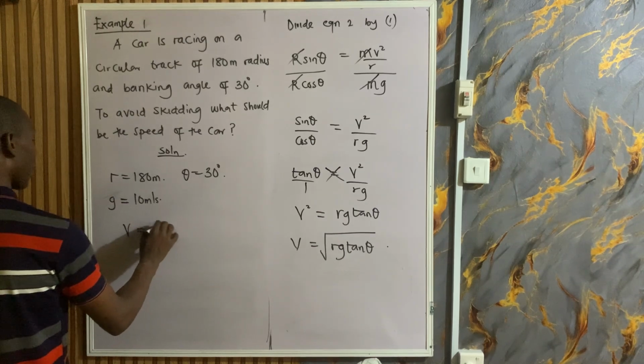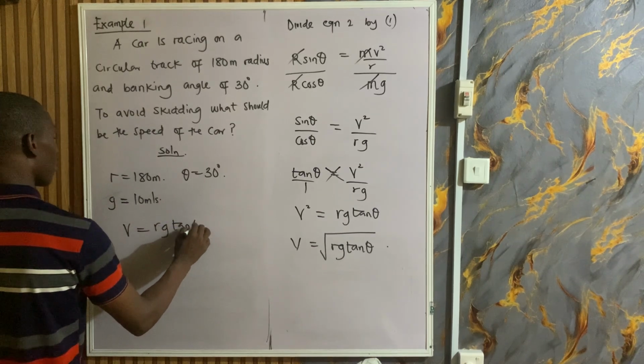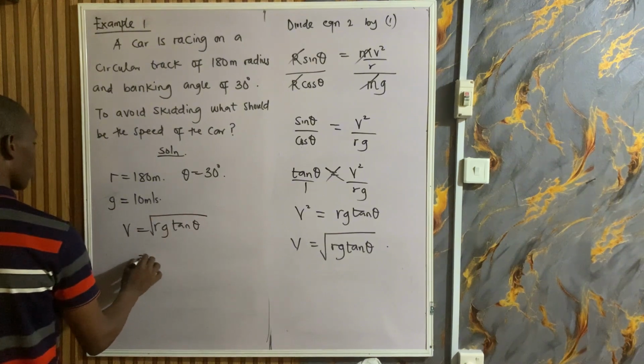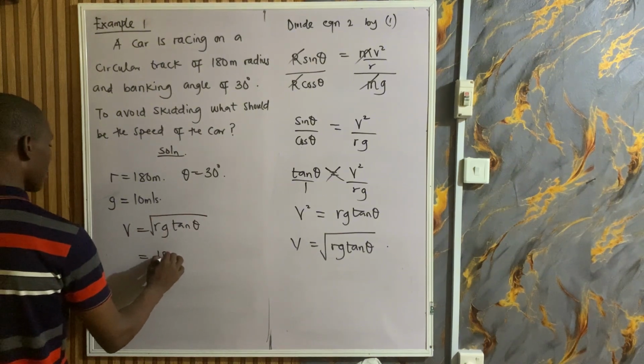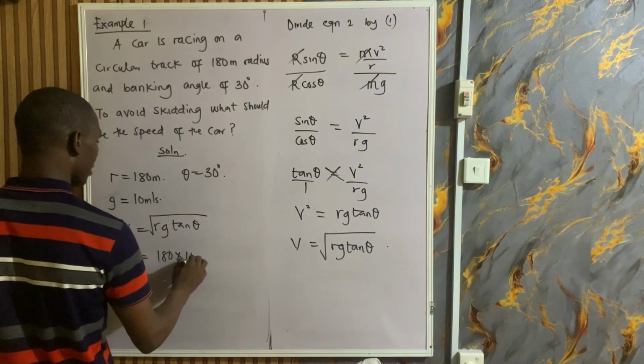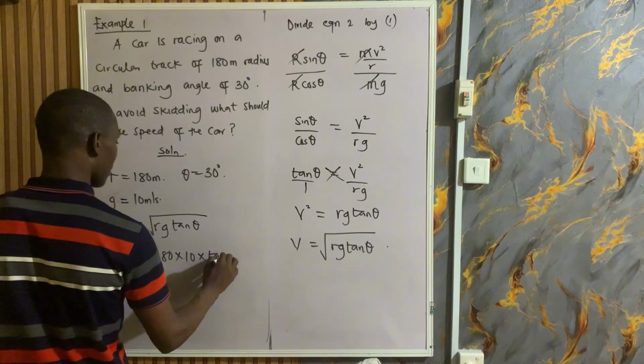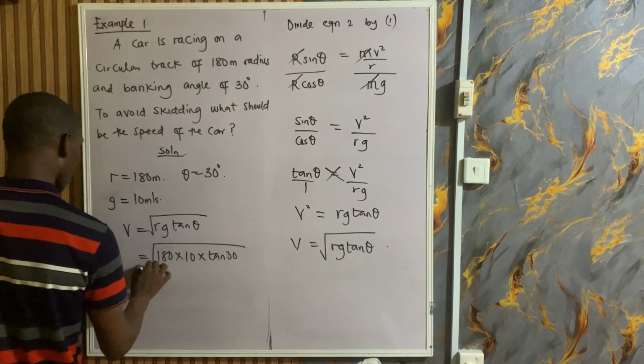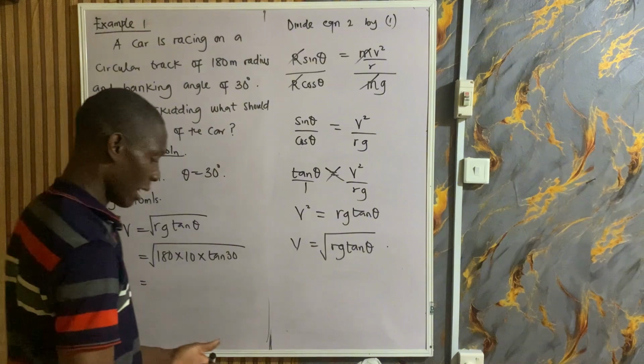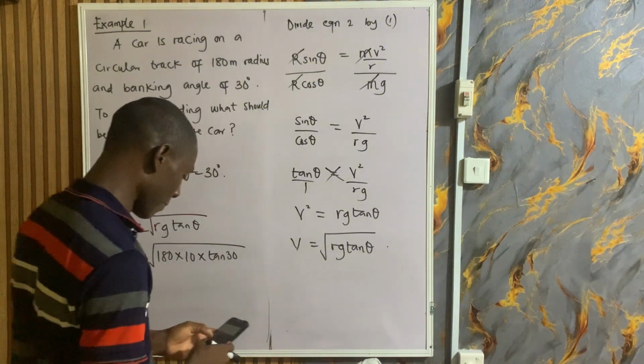Velocity is equal to the square root of rg tan theta. So our radius is 180 times g, 10, times tan 30, all into square root. So that's that for this question. Let's evaluate that now.